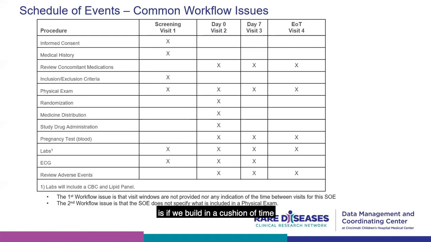What can help us out, though, is if we build in a cushion of time with our visit windows. Also, looking at this as it currently is, we don't know how much time should be between the visits. Should they be weeks apart or months? Adding both the time needed between visits and windows in which to schedule is necessary to ensure everyone follows the same time frames.